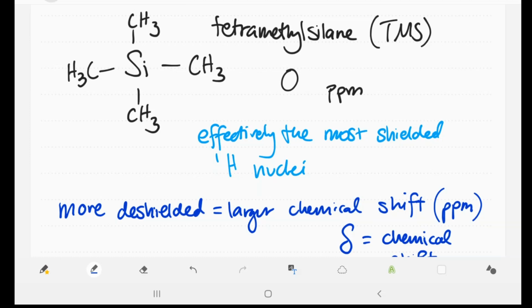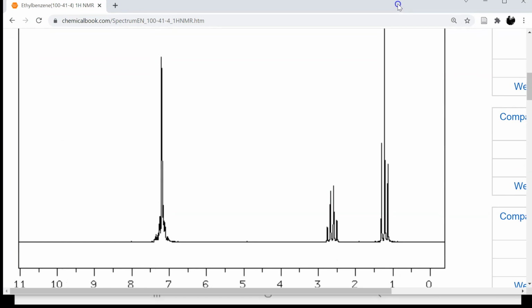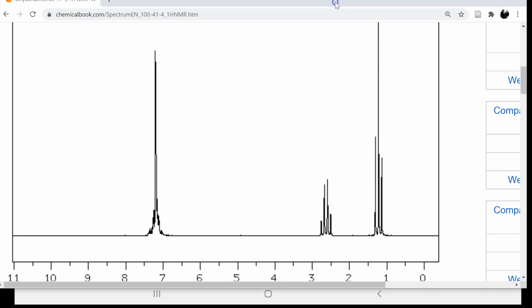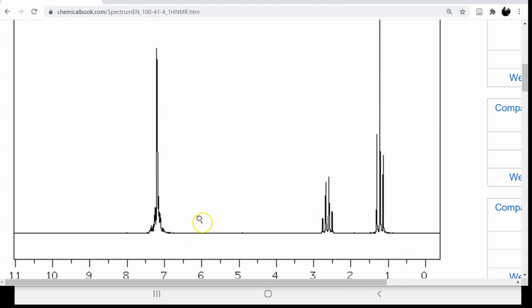TMS, by the way, has 4 methyl groups, all equivalent to each other, so you only see one signal for TMS. Whether that's shown or not, in the ethylbenzene example I showed you, we do not see a TMS peak, but we would see a singlet there, one single peak at 0. Everything else is more de-shielded.